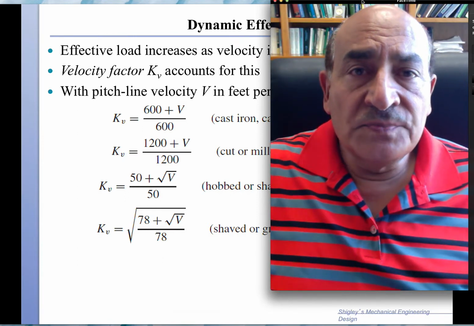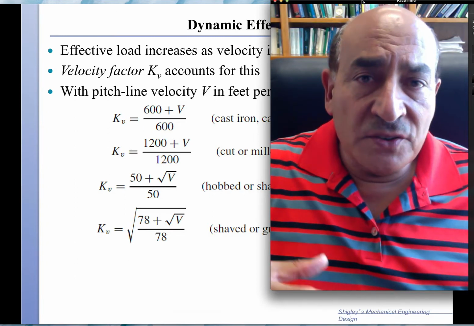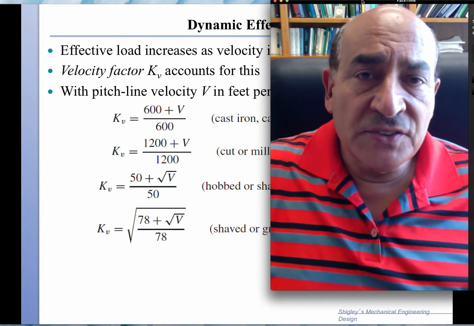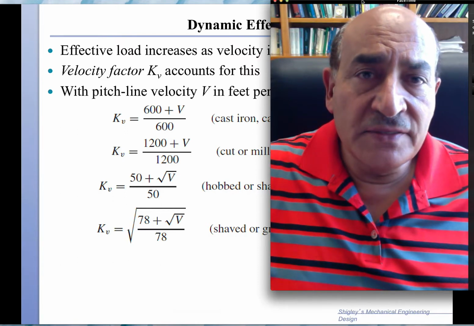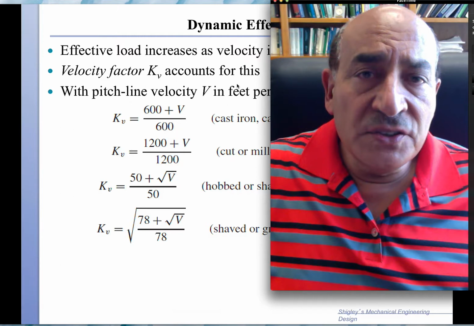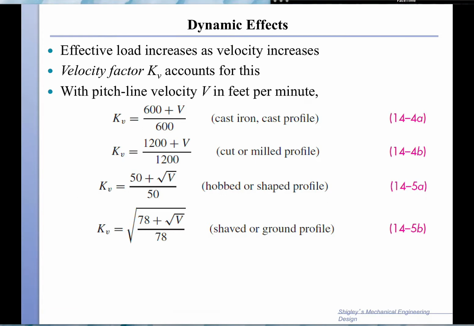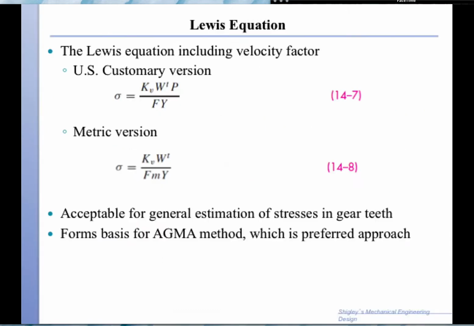Experimental evidence and correlations indicate that we can absorb the pitch line velocity effect into a dynamic factor K sub V, and this K sub V is 600 plus V over 600 for cast iron, and then it becomes less important as you go to cut or milled profiles and so forth. So you have these correlations to determine the pitch line velocity effects on the dynamic factor.